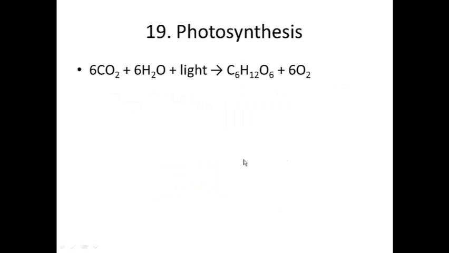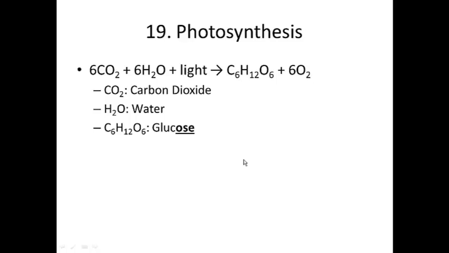Here's the equation for photosynthesis. So what plants do, they take in carbon dioxide from the air, water from the soil through the roots, and light strikes the chlorophyll. And that energy is used to create glucose, which is long-term energy storage, and oxygen is given off as a byproduct as well.